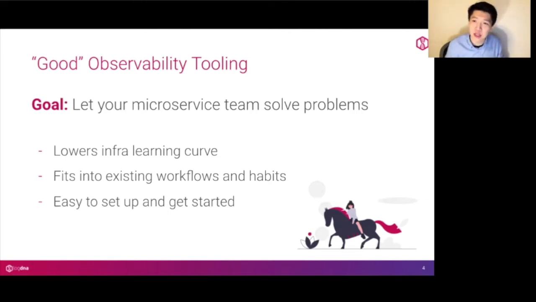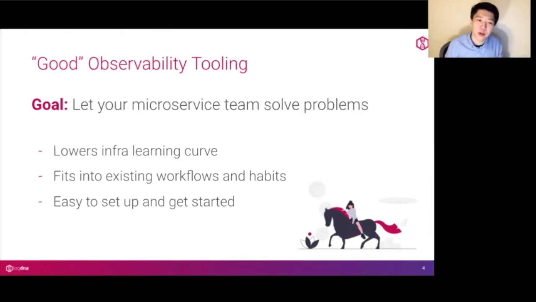And certainly you shouldn't have to be an infrastructure expert as a service owner to understand that. And at the same time, as an infra member, you shouldn't have to be a service expert to understand if it's a service issue or an infra issue. Your observability tool should really be working towards helping bridge that gap between those 2 pieces.